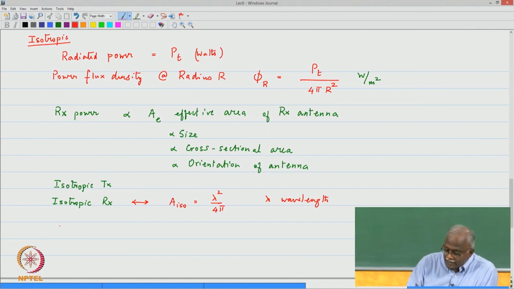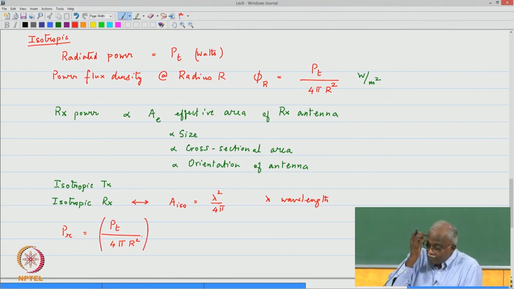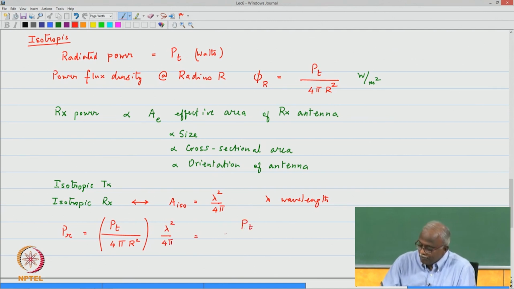Now, the received signal power in the case of an isotropic transmitter and isotropic receiver can be written as the transmitted power divided by 4 pi r squared, the power flux density, multiplied by the effective area of an isotropic antenna, which would be lambda squared by 4 pi, and this can be written in a convenient form, P_t divided by (4 pi r by lambda) whole squared.